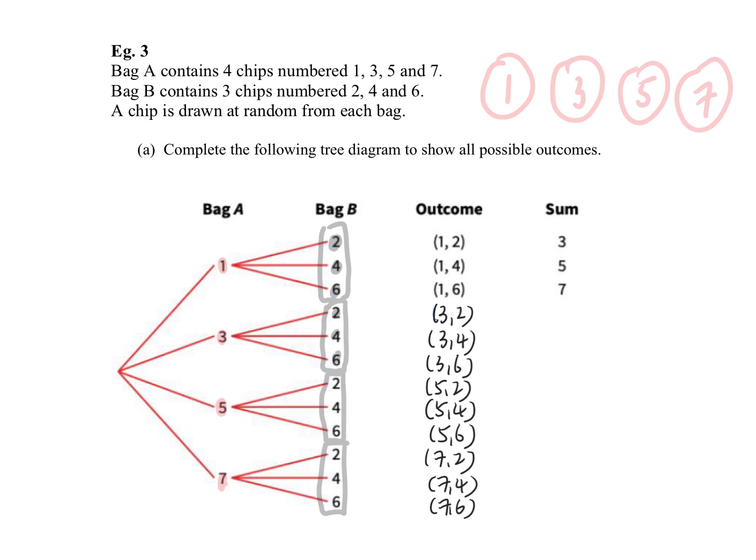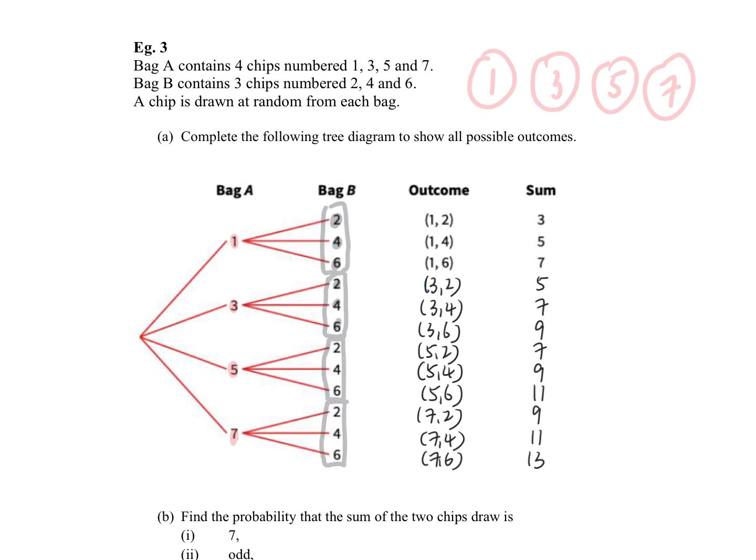Okay, it's like your possibility diagram, but you do it in branch form. Then they say, can you sum up the numbers for the 2 chips? Just go and add it up. Okay, if it's difficult to see, you can draw lines.